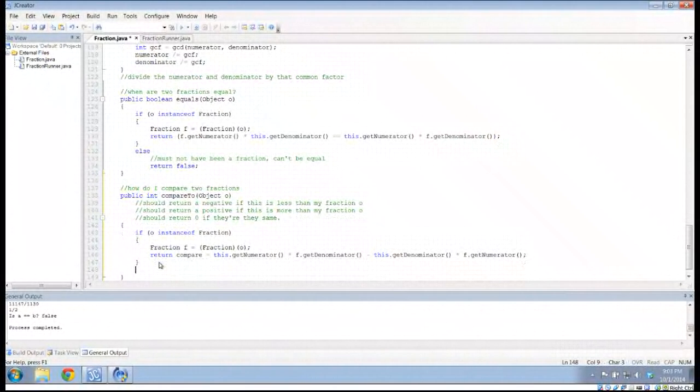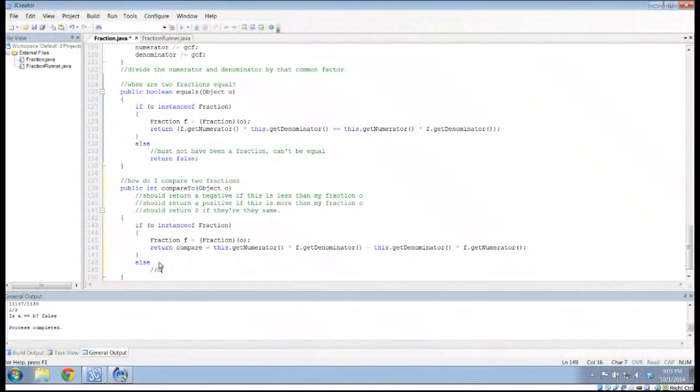Which, of course, leads to our else. So if I'm not a fraction, here's where I'm into a conundrum. I remember that the double class had something called not a number. And that really would be the most appropriate thing to return, because not a number is neither negative nor positive.